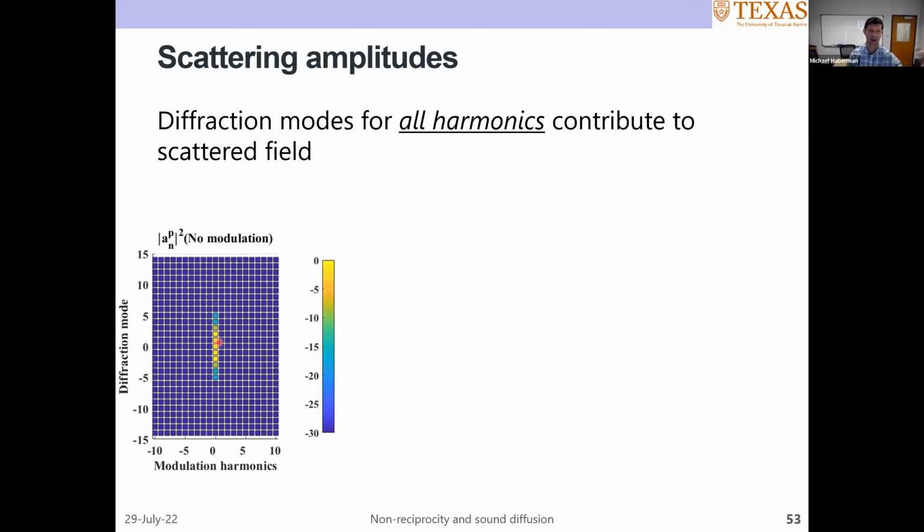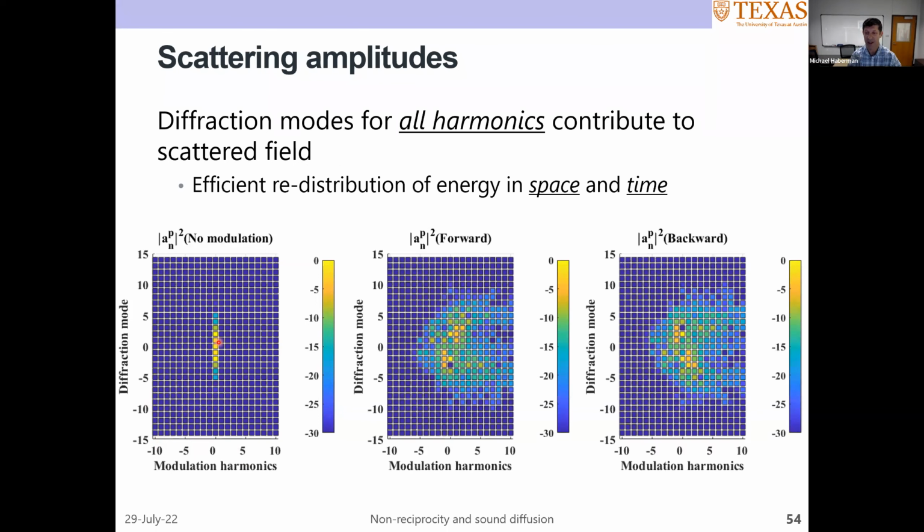And now if I introduce a modulation in one direction or the other, I'll show both. What you see is that the energy is now scattered, here's your incident wave frequency, and this is for different frequencies. So there are additional modulation harmonics, and each harmonic is also scattered into its own diffracted orders.